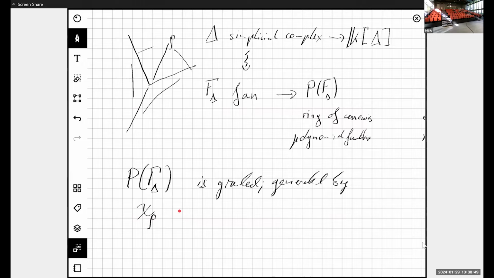So this function is linear and non-trivial, let me just not normalize it for the moment, on rho and 0 on all other rays. And then I just continue this linearly.